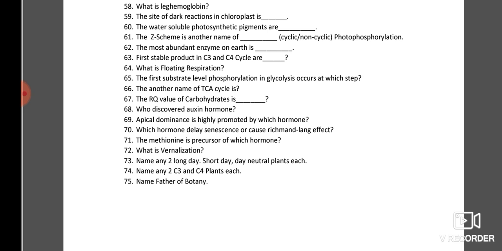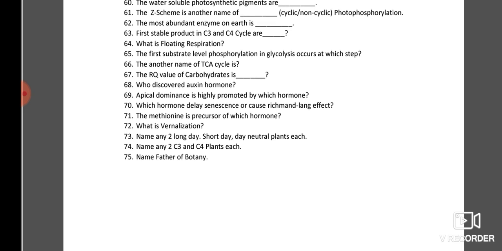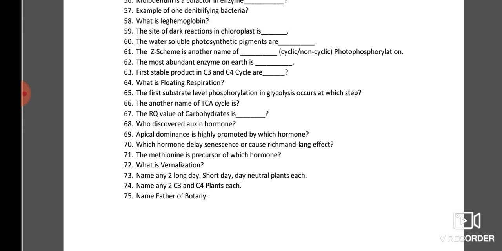The first substrate level phosphorylation in glycolysis occurs at which step? Glycolysis is a process in which glucose breaks down into an intermediate compound, pyruvic acid. One glucose molecule breaks down into 2 molecules of pyruvic acid by glycolysis. Glycolysis is a multi-step process. At the particular step when 1,3-bisphosphoglyceric acid changes into 3-phosphoglyceric acid, a phosphate is acquired by ADP, adenosine diphosphate, to create ATP.